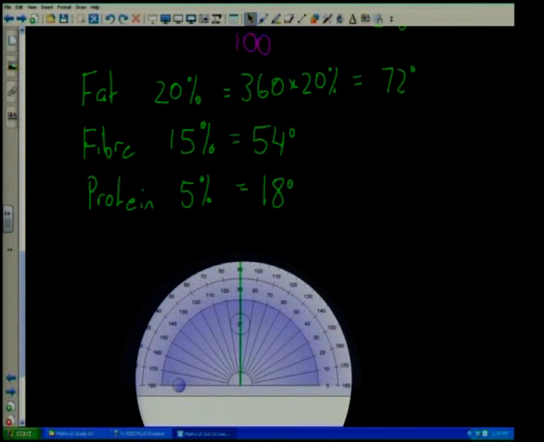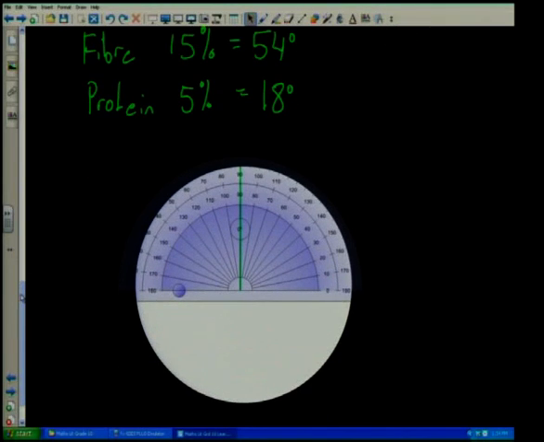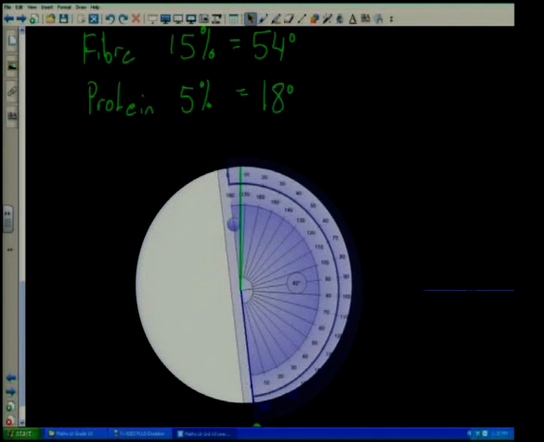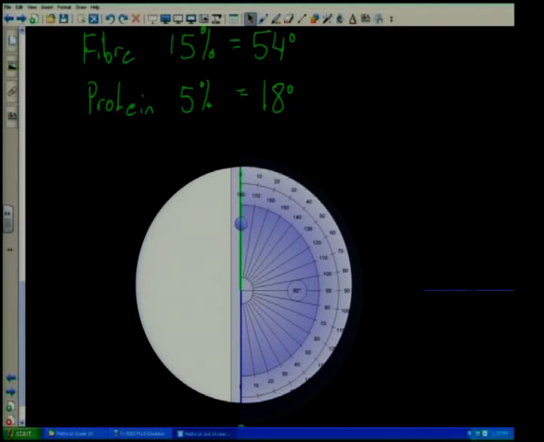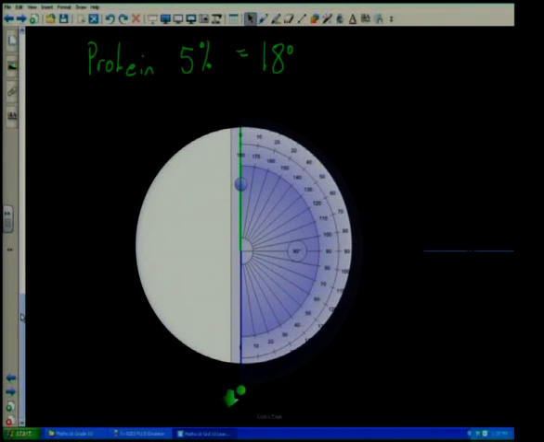Right, now I have a protractor. What I need to ensure on the protractor is that my 0 is at my line, my 12 o'clock. So let's try and move this protractor around. Flip it round. So 0 is at 12 o'clock.